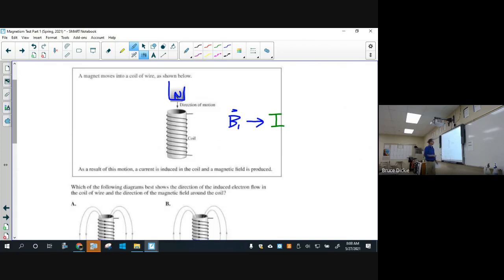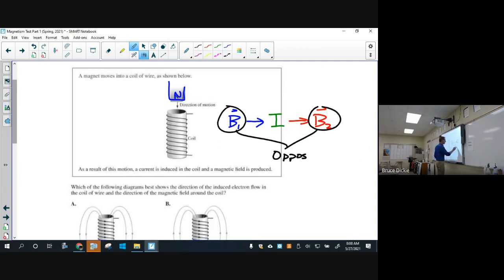Okay, there's going to be an electric current induced in this coil. We don't know which way that current is yet. That's okay. We'll figure that out. That electric current generates a second magnetic field, B2. Now, that second magnetic field, along with the first magnetic field, have to act together to oppose the motion.